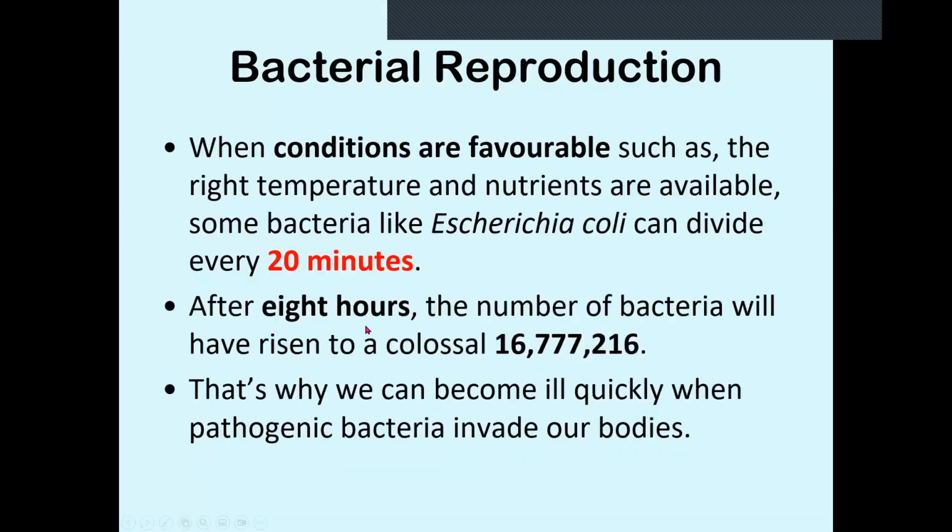After about 8 hours, if it just continuously reproduces, you end up with over 16, close to 17 million cells. And that's reproduction. Depends on the bacteria, they're all a little bit different, but it's within that framework. And these pathogenic bacteria can reproduce very, very quickly in us and cause quite horrendous situations.